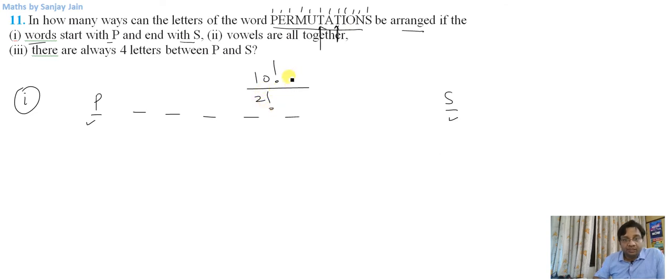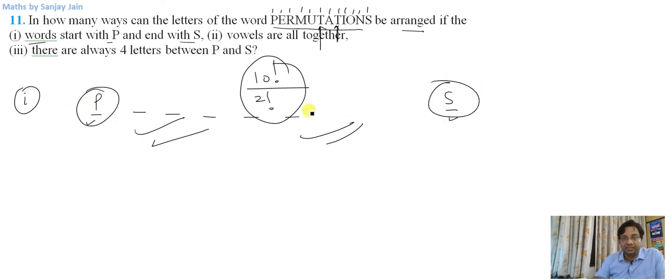So this is the total number of arrangements of these intermediate letters, because P is fixed here, S is fixed here. 10 letters are there in between P and S. These can be arranged in 10 factorial by 2 factorial because 2 T's are there, and you need to reconfirm that something else is not present twice. E is not present, R is present only once, M is present only once. So yes, everything else is present only once. So this is your answer to the first part, 10 factorial by 2 factorial.